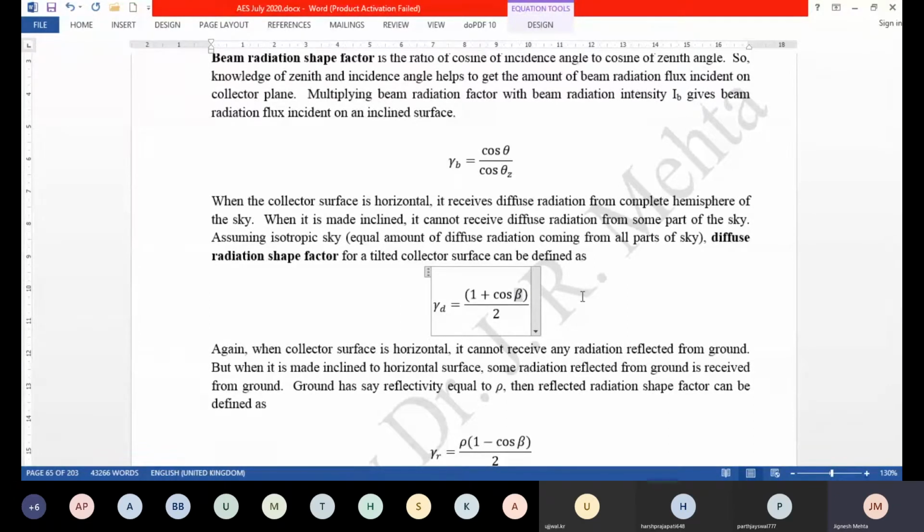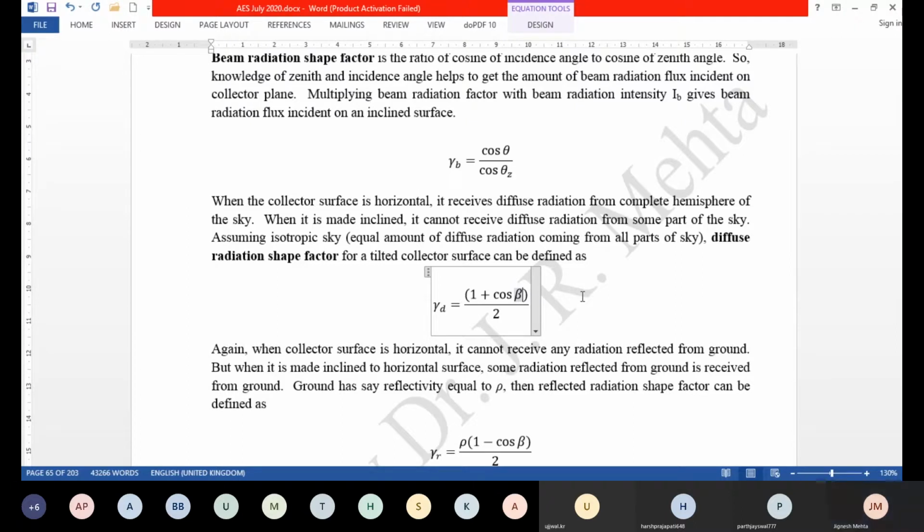So a horizontal collector always gets the maximum amount of diffuse radiation. The reason is that a horizontal surface is able to view the whole hemisphere, 180 degrees of the sky, and assuming an isotropic sky, that is an equal amount of radiation coming from all directions, you would get all the diffuse radiation coming from the sky on a horizontal surface.